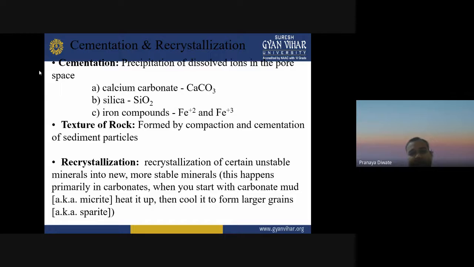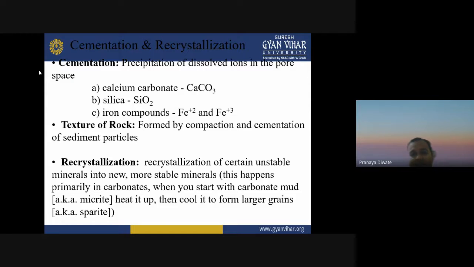If there is iron, your rock will look reddish in color. If silica is there, your rock will look white in color. Depending upon what kind of cement has been used, we can have different kinds of cementation material.